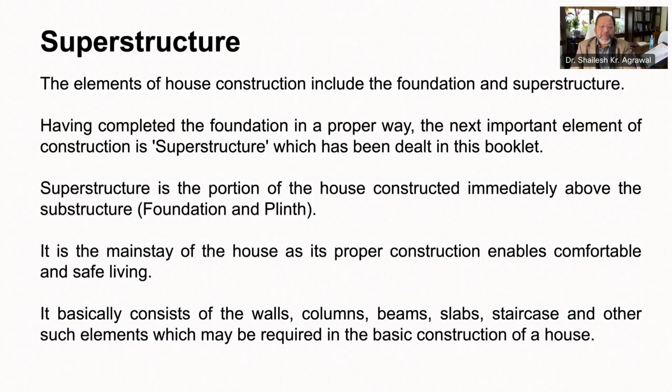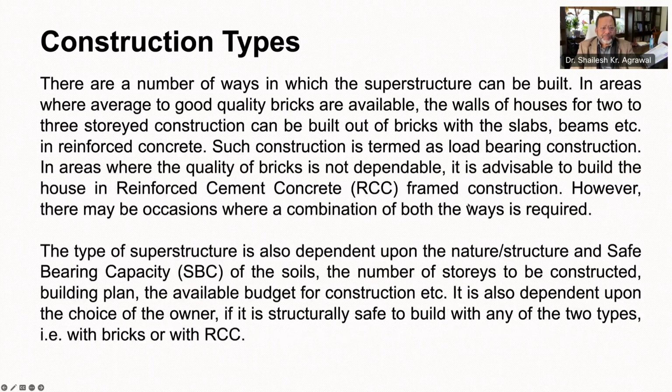It is the mainstay of your house, as its proper construction enables comfortable and safe living. Superstructure normally comprises of walls, vertical members, that is columns, horizontal members, beams, floors, slabs, staircases, parapets, mumties, and any other such elements required in basic construction of your house.